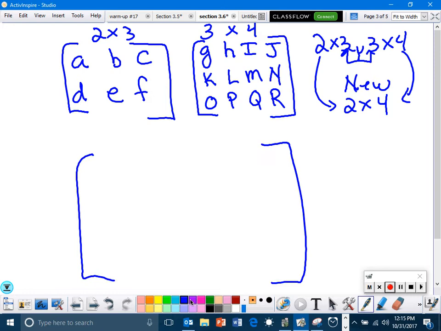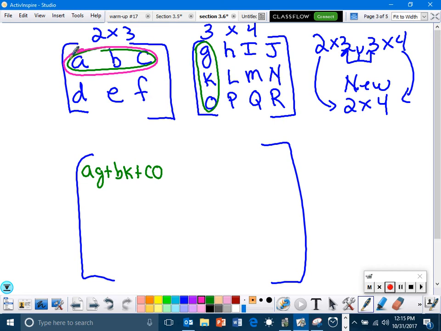I don't know if I have enough colors for this. We're going to take the first row and the first column. So we're going to go A times G plus B times K plus C times O. Now we're going to take the first row times the second column.